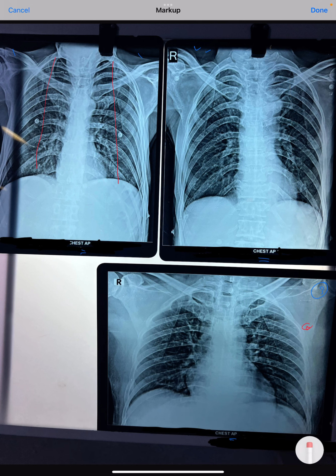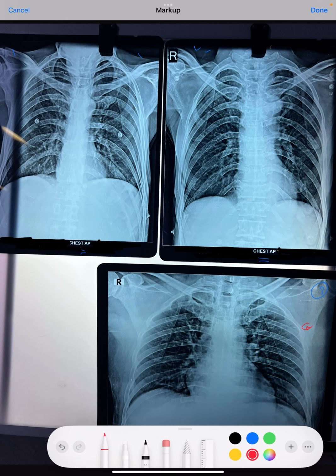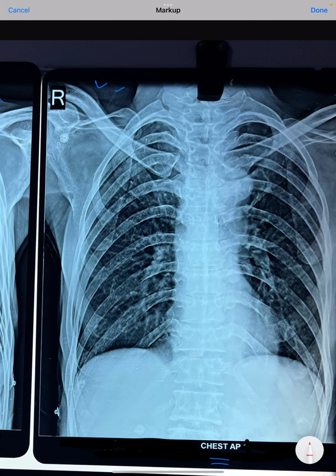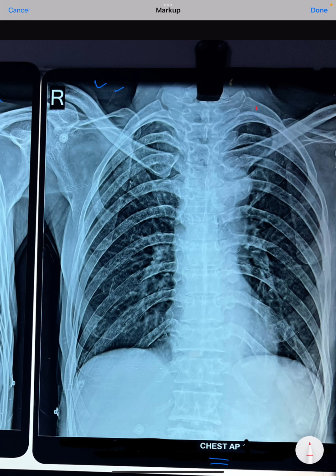How can we objectify this? By counting the posterior or anterior ribs. Now when we start counting, this is the first rib, this is the second, this is obviously a posterior rib, this is the third rib, fourth, fifth, sixth, seventh, eighth, ninth, and this is the 10th rib that we can see. This is the posterior rib.